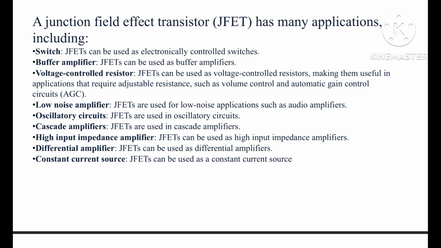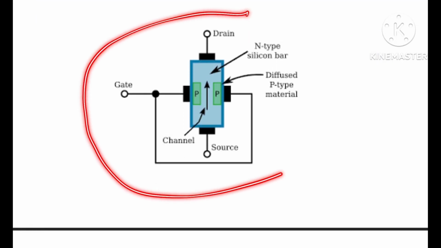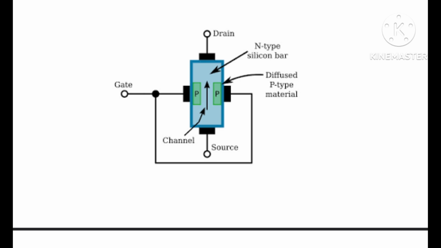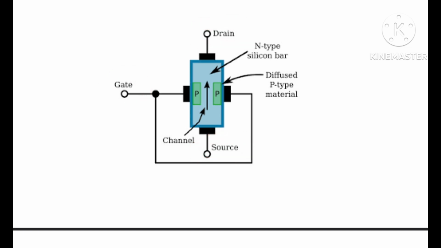Okay, so this is how a JFET looks. We have got a gate, a drain, and a source. Now all three of these have been named logically, and I'm going to explain the logic behind their names in a short while. First, you might be noticing that there are some black things near the drain.